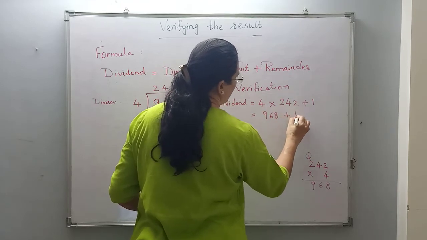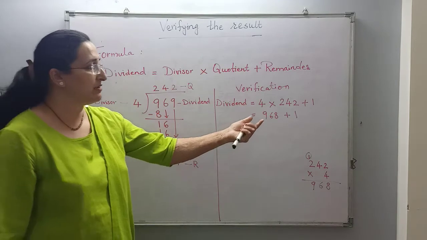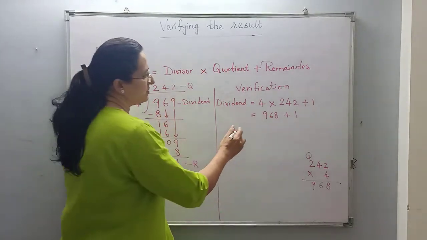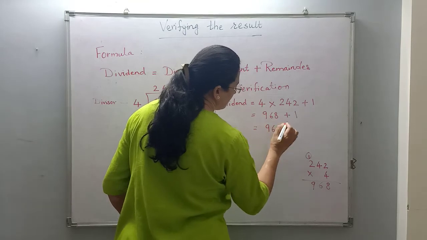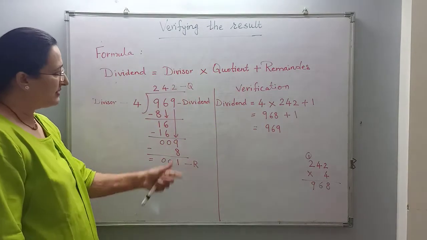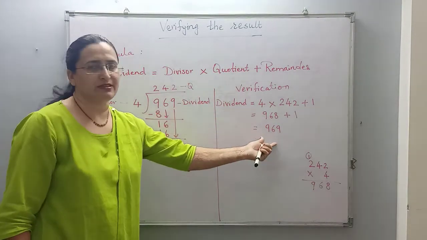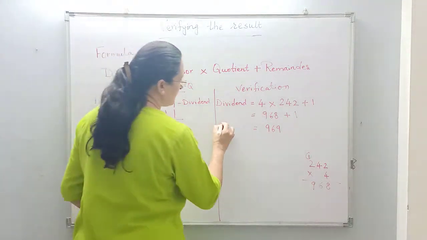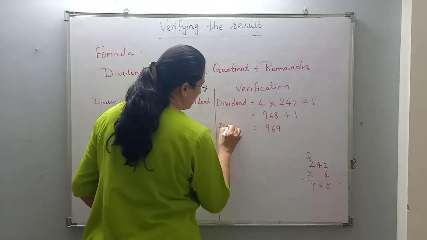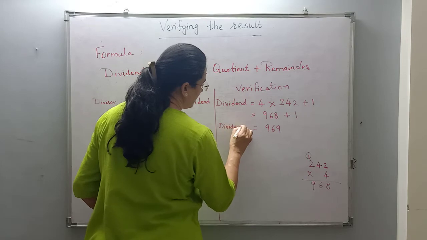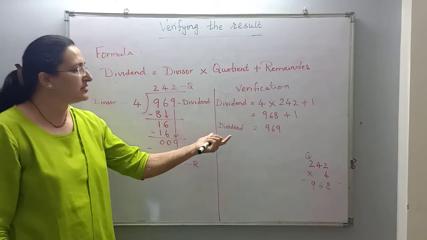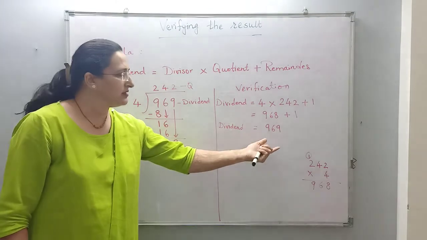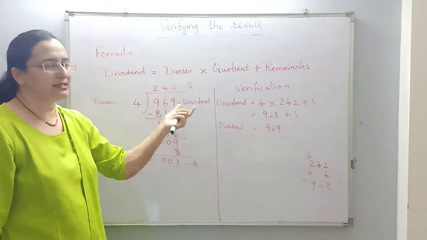And now we are going to add 1, which is our remainder, to it. So our final answer will be 969. And yes, that is our dividend. So both the answers are matching. It means our division sum is correct.